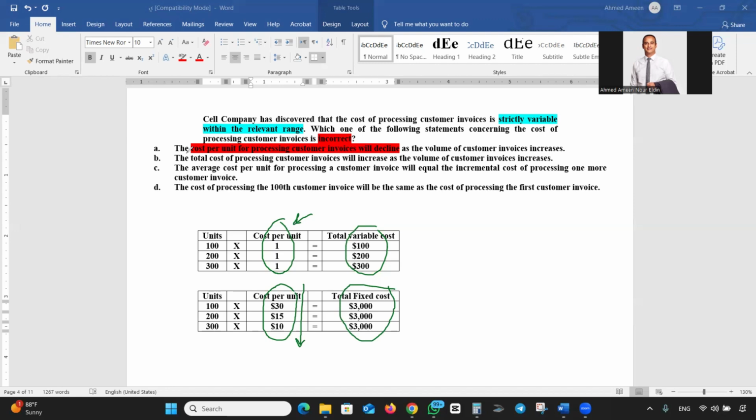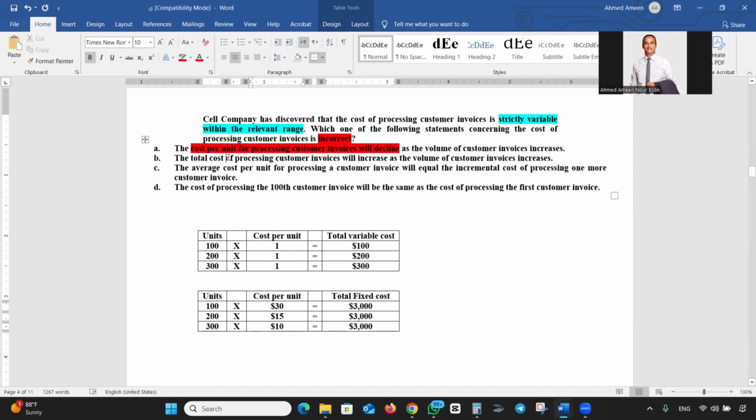So the statement that the cost per unit for processing customer invoices will decline is not correct, because decline is for the fixed cost per unit, and we are talking about strictly variable. So the answer will be A, because he is asking for an incorrect statement. But let us read B, C, and D.